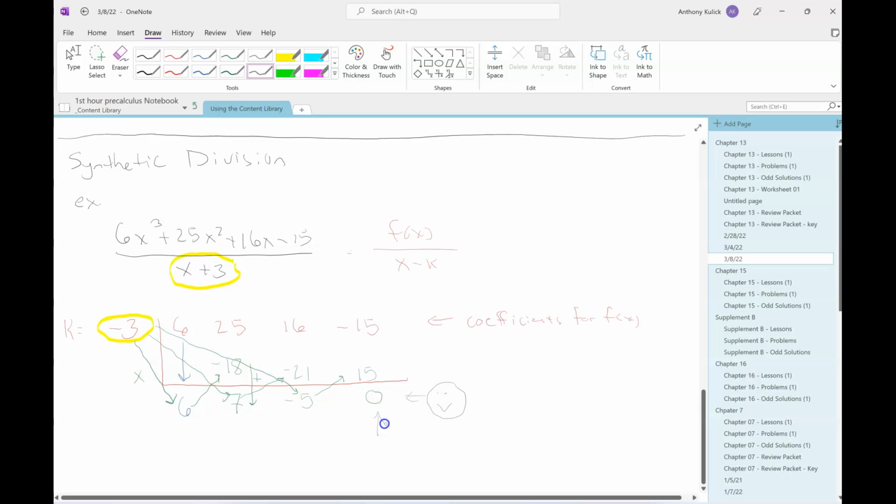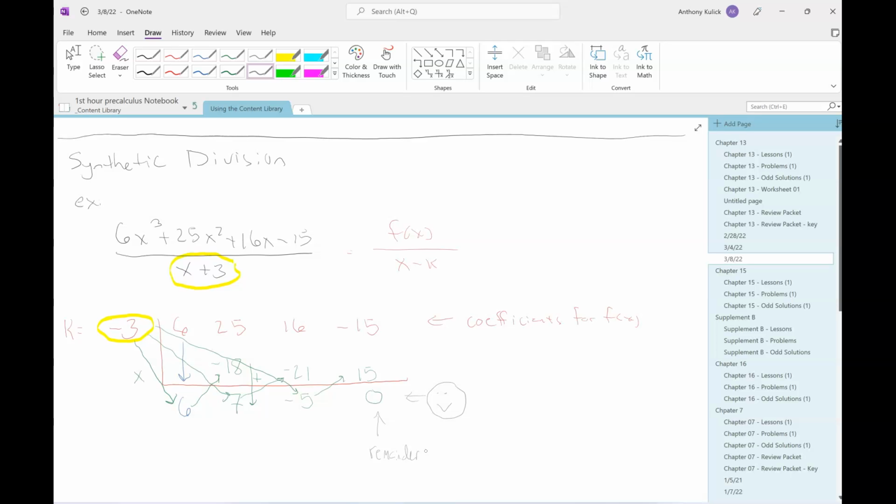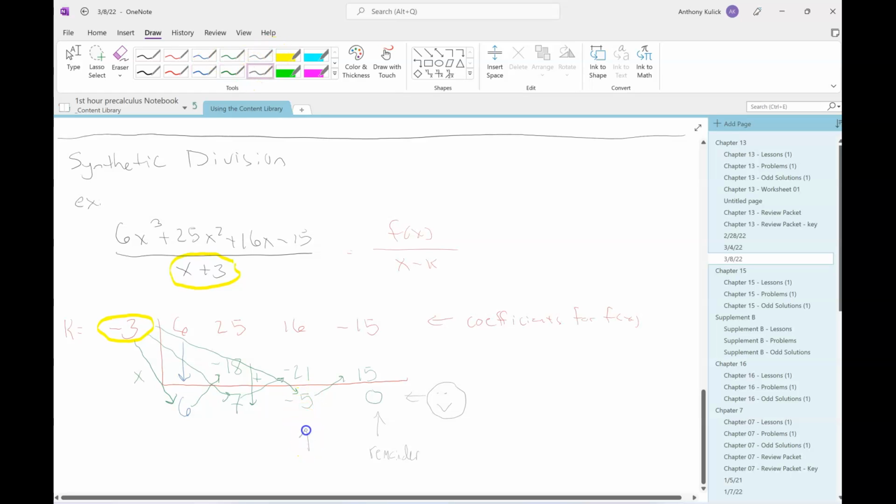So again, the last piece there is telling you the remainder from the division problem. The rest of this, though, is giving us the quotient. So counting back from the 0, the constant term is the next one.